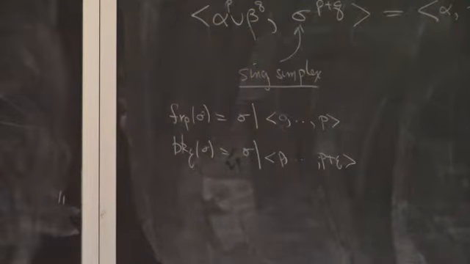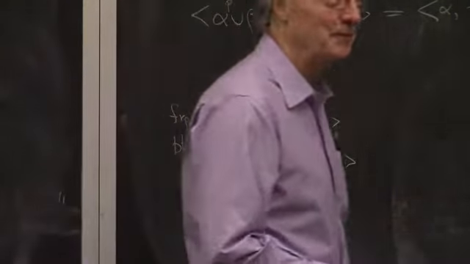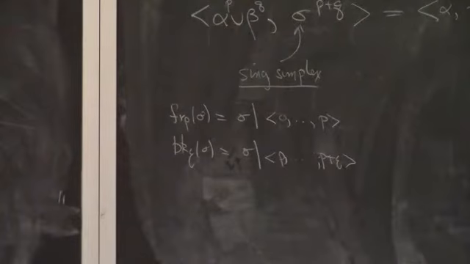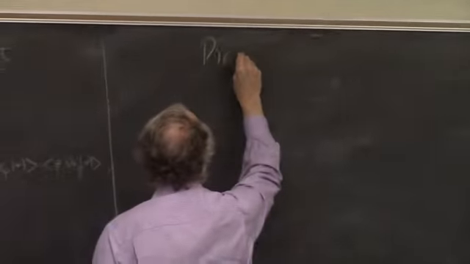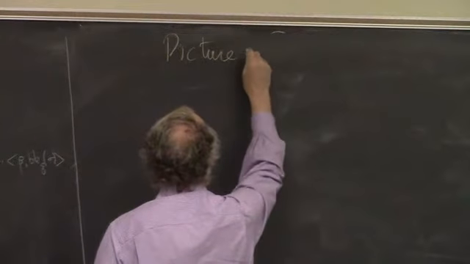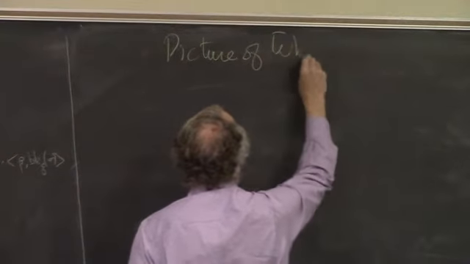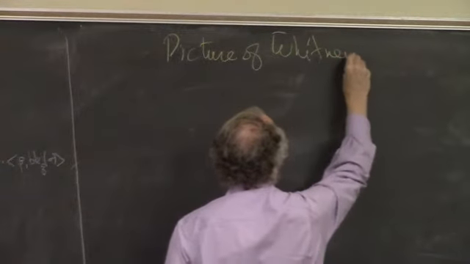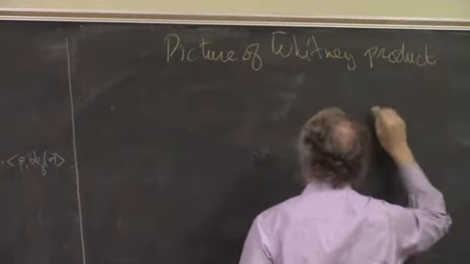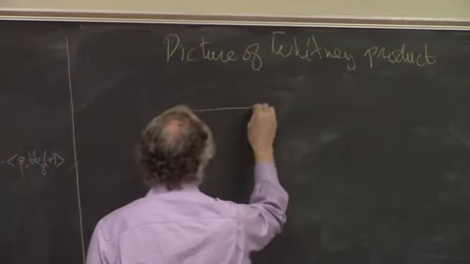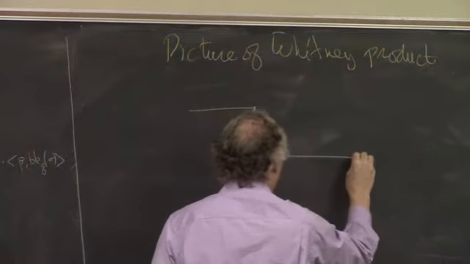So I'm going to work in parallel here with formulas and pictures. So my picture of the Whitney product is this. It's really the sum over all pictures like this.